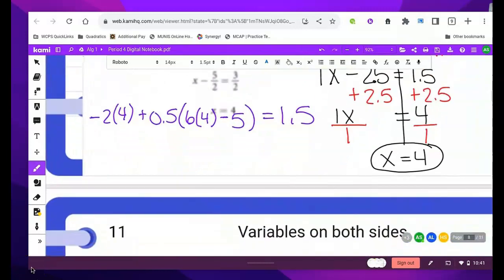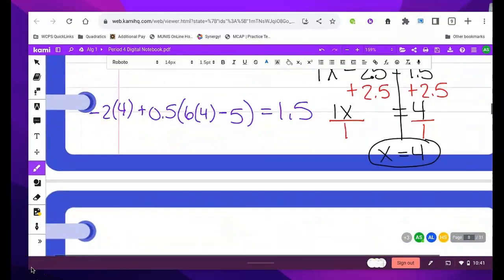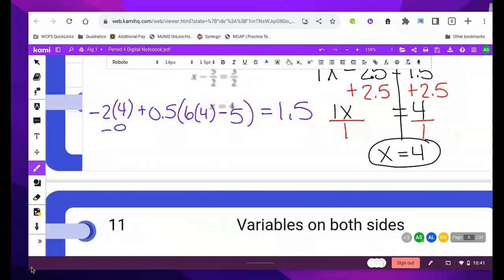All right, so now we're going to do parentheses first. Negative 2 times 4 gives me negative 8 plus 0.5 times (6 times 4 is 24, 24 minus 5 is 19). And that's equal to 1.5. We've got to do one more set of parentheses to get rid of.